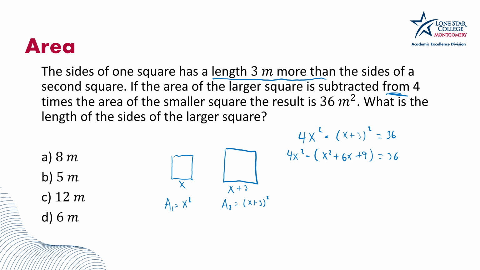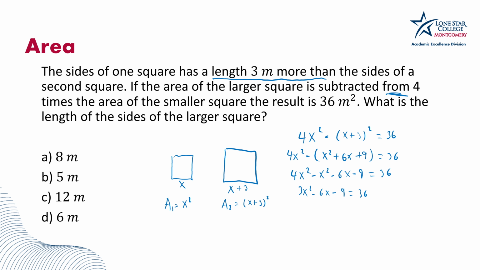Let's distribute the negative into our parentheses: 4x squared minus x squared minus 6x minus 9 equals 36. Combining like terms, 4x squared minus x squared gives us 3x squared minus 6x minus 9 equals 36.